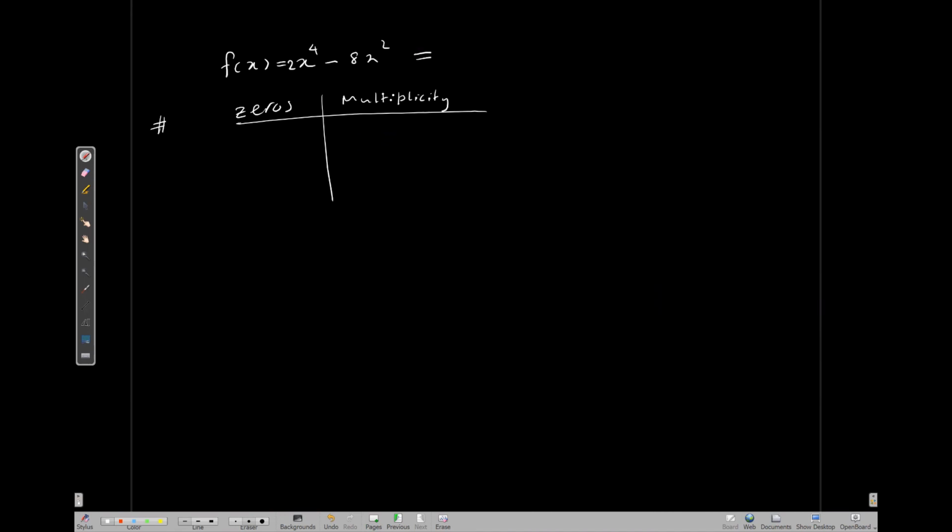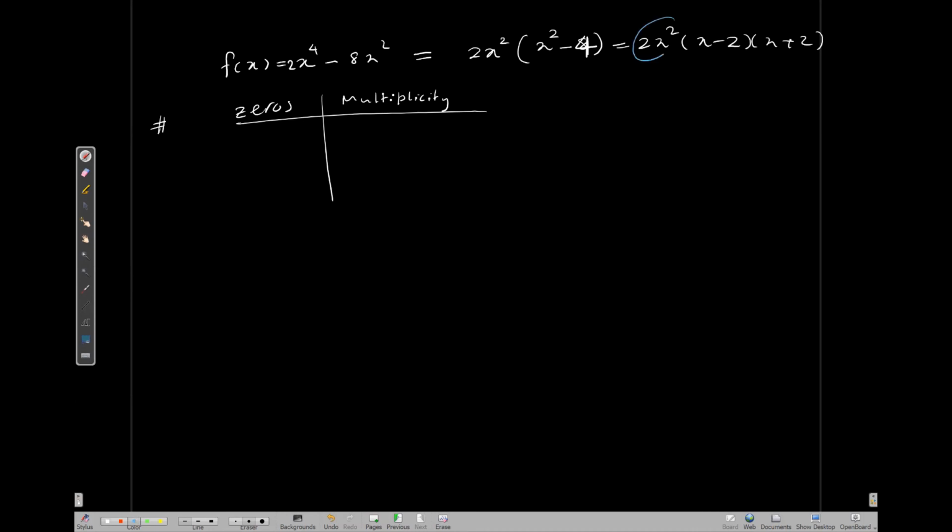To find zeros, I will have to factor it. I can take 2x squared out, then I will have x squared minus 4. So this will be 2x squared, x minus 2 times x plus 2, a difference of squares.